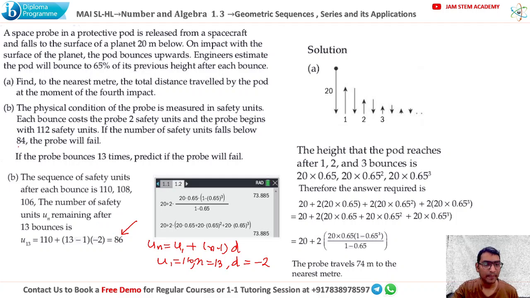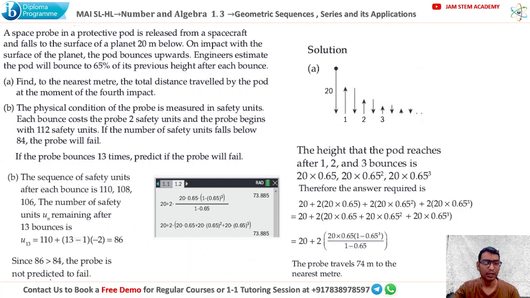But it says if the value falls below 84, then it fails. We are at 86, which means it is not going to fail. That's the answer to our question. Simply, we can say the probe is not predicted to fail because it hasn't reached that 84 threshold value.